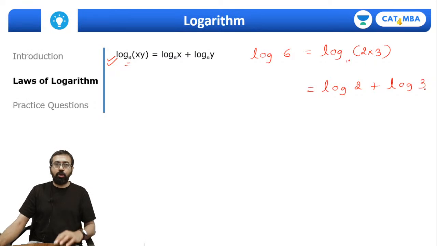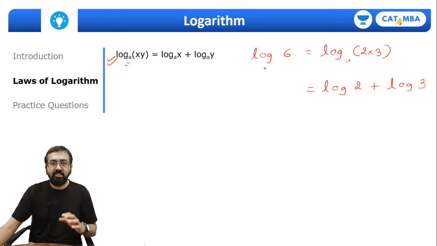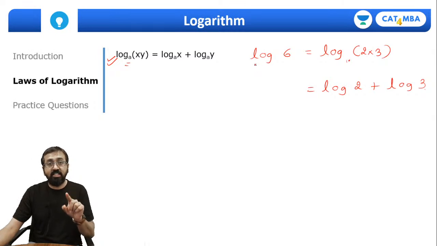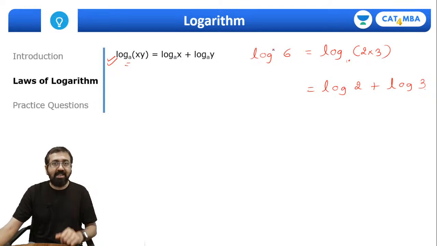Now if you want, you can do one thing over here. Just take out your calculator, and on the calculator you will see two buttons. One is the LN button if you have a scientific calculator, or even if you want, you can use it on mobile. So there will be one LN button, that is natural log, and there will be a log button. That's common logarithm. You just type log and then press 6, or you can press 6 first and then type log.